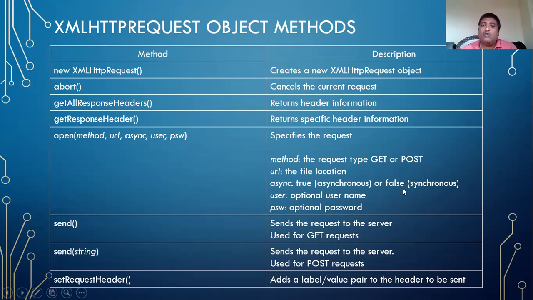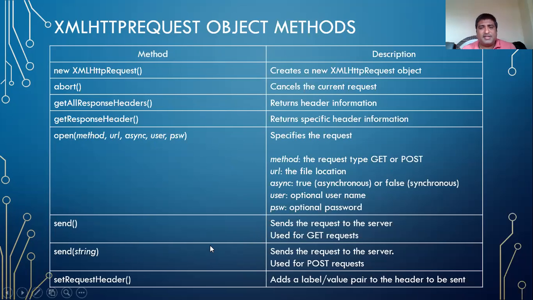If it is false, the data is sent synchronously, and the page gets blocked on the request. So here we must write true. URL is the file location from which we get the data, so we pass that file name here. Methods GET and POST we have already discussed.